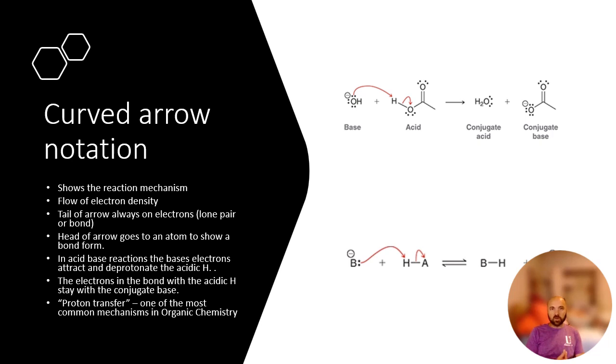So the base's electrons, usually a lone pair of electrons, take a hydrogen away from another molecule, and we see that demonstrated in the reaction here at the top, where the base is a hydroxide ion and the acid is some organic carboxylic acid, and it's easy for that base to come in there and to deprotonate that species.